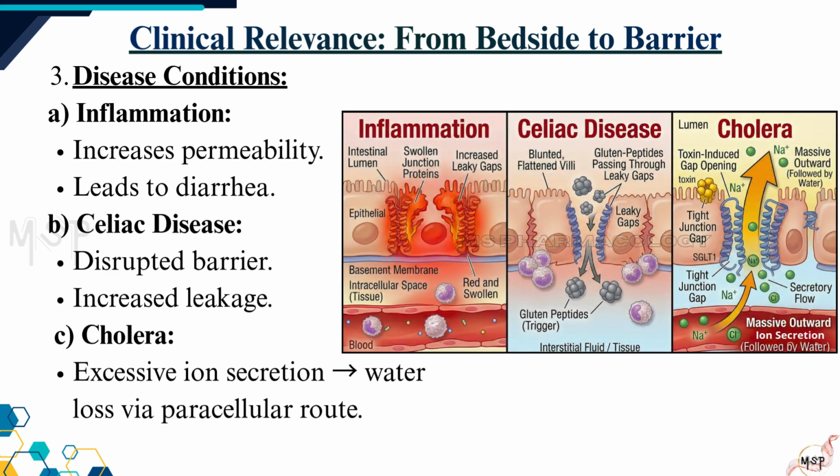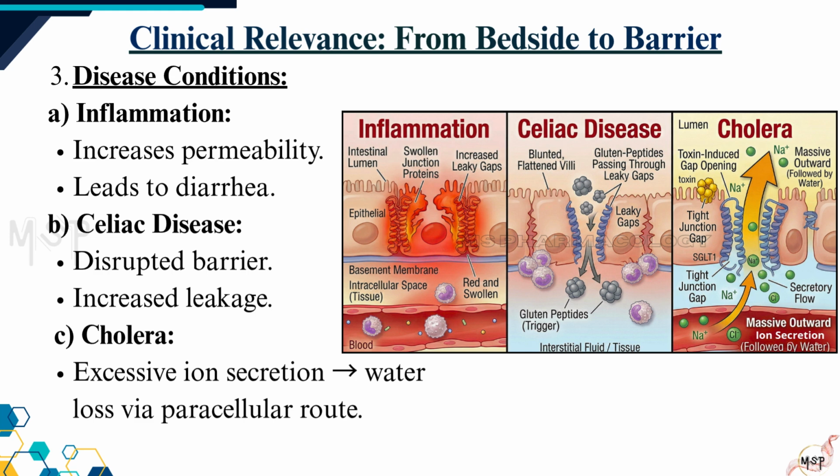When these barriers fail, the results are often devastating. In inflammation and celiac disease, the epithelial barrier is disrupted. This leaky state allows unwanted substances to slip into the bloodstream, triggering further immune responses and diarrhea. In cholera, the infection causes excessive ion secretion into the gut.